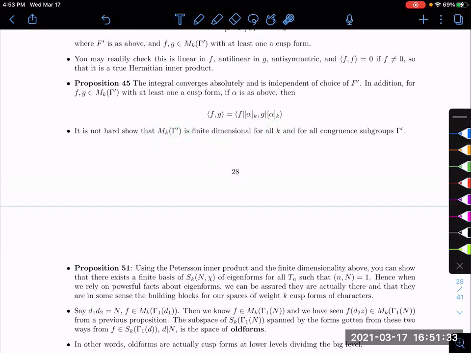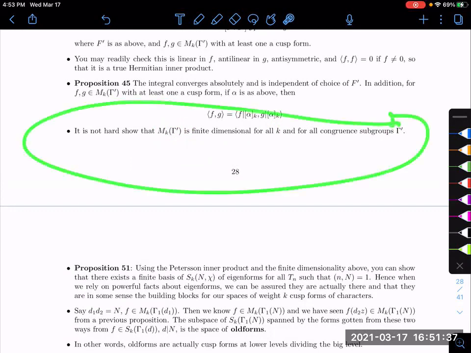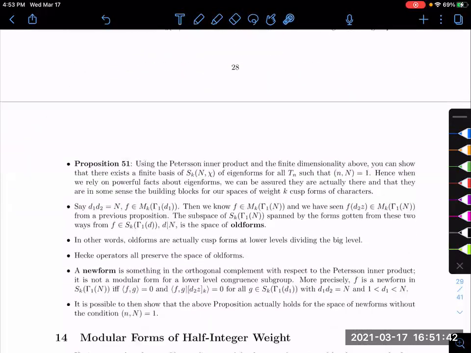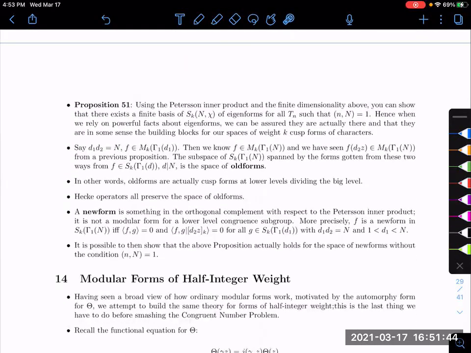If you take all of the properties of the Petersson inner product and this fact right here, and you combine everything I've said basically today, you answer a fundamental question, which is this proposition 51 here. Every single space of cusp forms for any Dirichlet character mod capital N has a finite basis of eigenforms for all T_n. Boom. In fact, for all T_n such that little n and big N are coprime, but whatever.